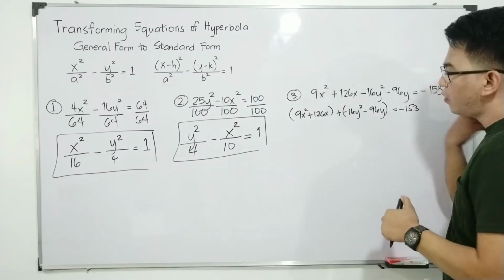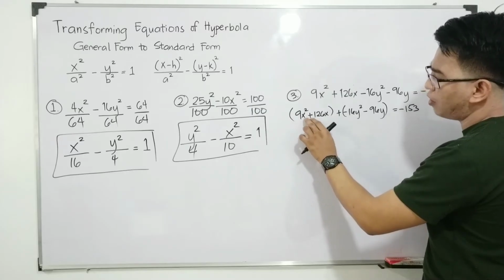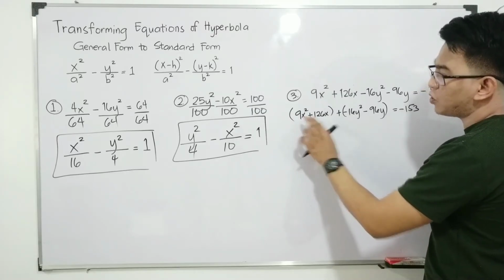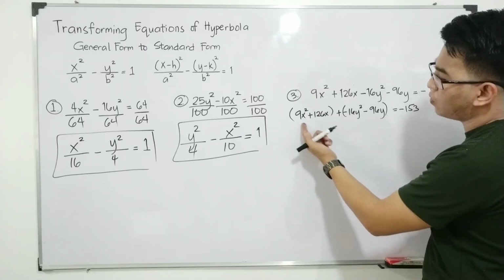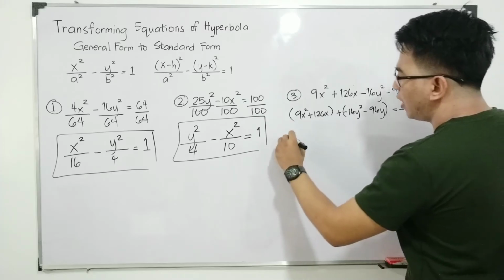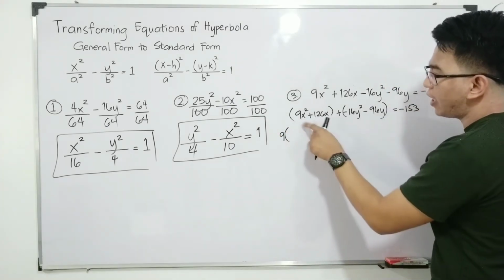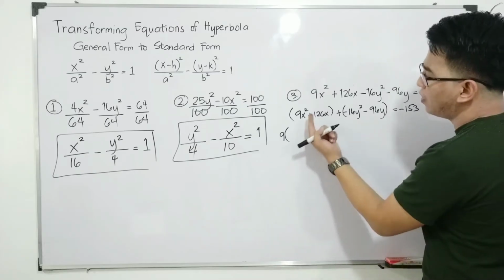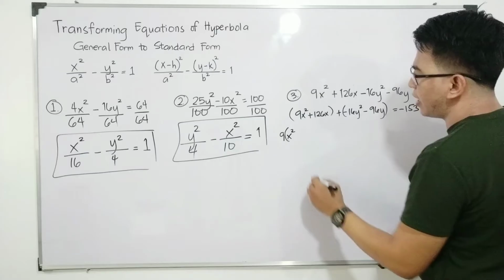After that, we will factor out the coefficient of terms with the power of 2. Para maging x squared na lang itong term na to, ito magiging y squared na lang. So what we will do is to factor out the common monomial factor which is 9. Okay? 9. And then to get the factors, we have 9x squared divided by 9, that is x squared, kasi ito yung target natin.